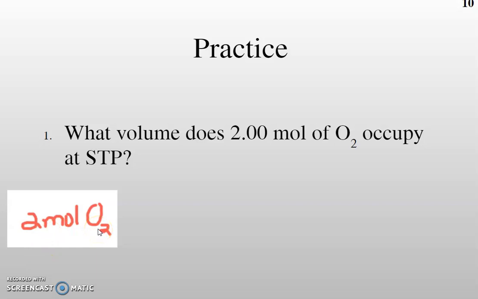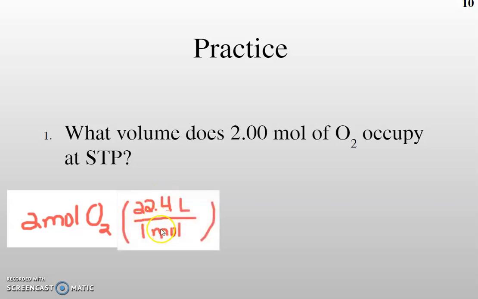Pause the video for a second and see if you can put in the next conversion factor. Here's the conversion factor. Notice we've switched it because we need moles to cross out, so that has to be on the bottom. We're looking for volume, so the liters is on top. If we calculate through, you should get 44.8 liters.